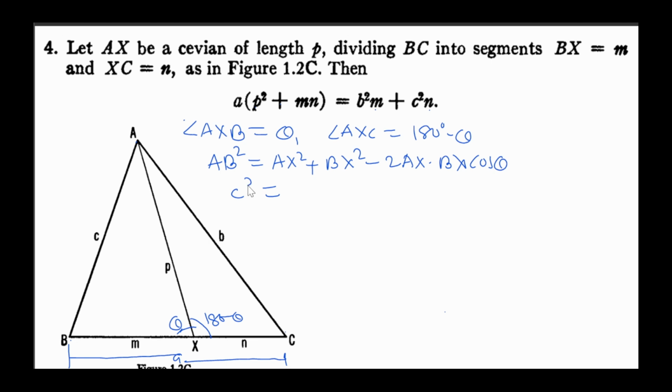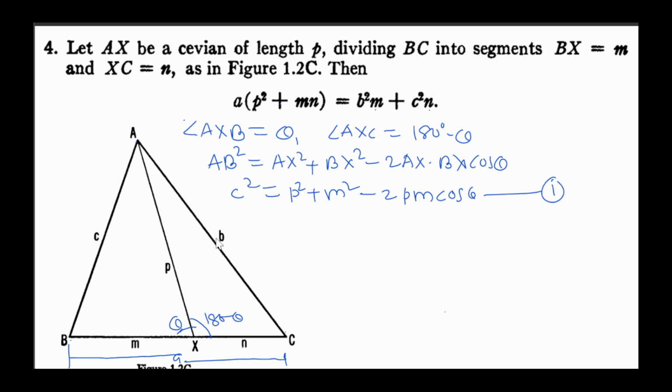Therefore, c square is equal to p square plus m square minus 2pm cos theta. Let us call this equation number 1.